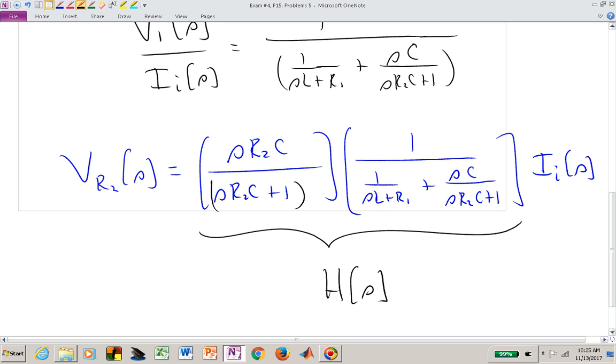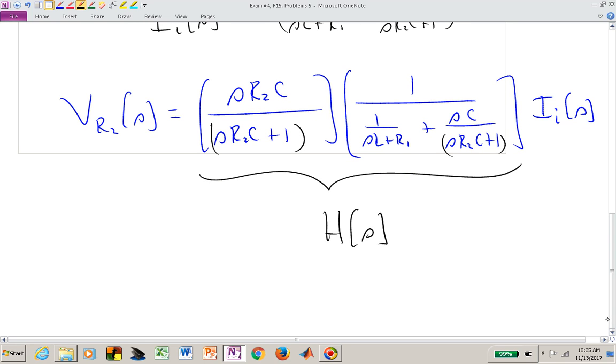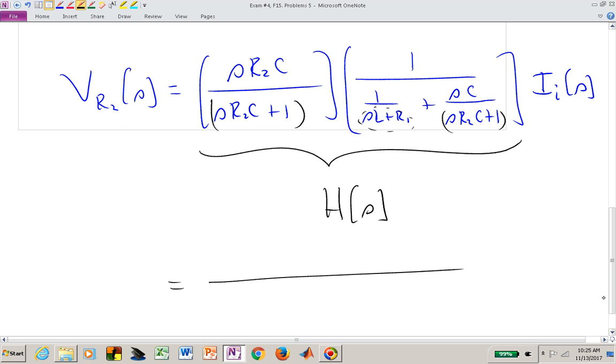But this particular factor will actually cancel that term, and everything will start to clean itself up, hopefully. Let me try to do that. Here's S R sub 2C. Then I'm distributing that S R sub 2C plus 1 in through the two terms, and I now have S R sub 2C plus 1 over SL plus R sub 1 plus SC.